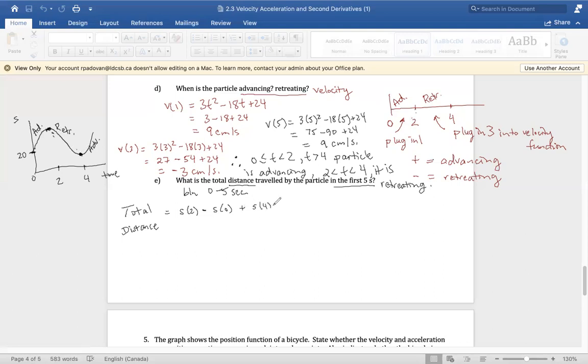So S at 4 minus S at 2. And then we're going to add to that. So this is 1 section, this is 2 sections, and then we're stopping at 5. So between 5 and 4, S at 5 minus S at 4. That's our third section. I'm just guessing here that at 5 we would probably still be on our way up. And just plug in those values.